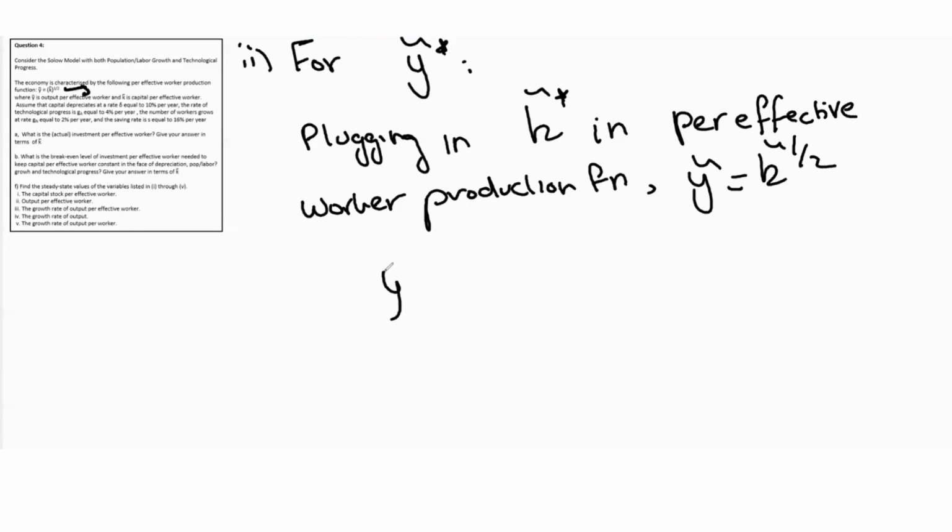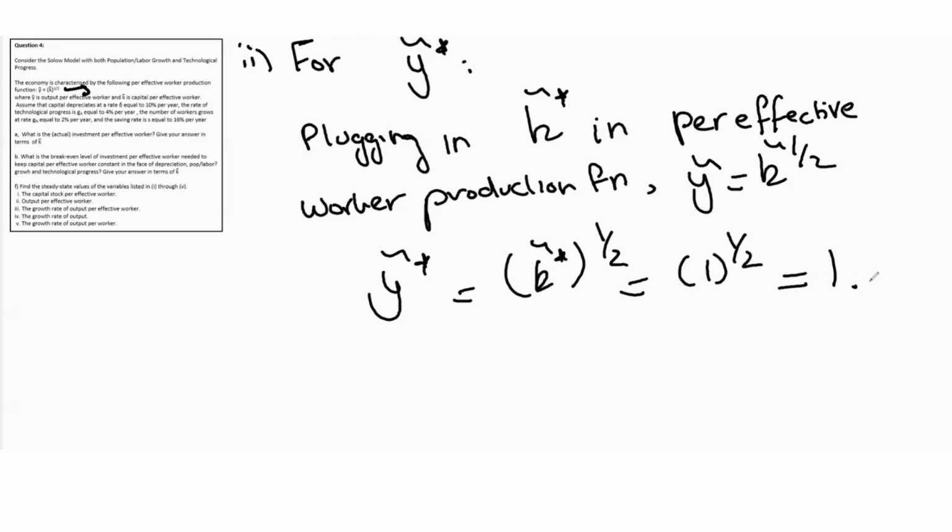So then y tilde star is equal to k tilde star power 1 by 2. So this is just 1 power 1 by 2, which is equal to 1. So the steady state level of capital per effective worker and output per effective worker is 1.